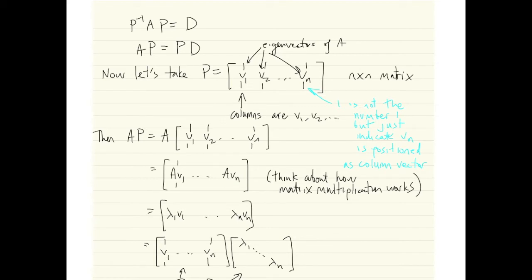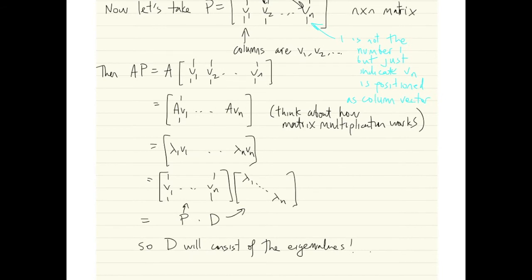And then because the Vi's are eigenvectors, that means A times V1 is lambda 1 times V1, and A times Vn is lambda n times Vn, and so on. And then, if you think about how the matrix multiplication works again, this matrix here turns out to equal these column vectors V1 through Vn put together as a matrix, times a diagonal matrix with lambda 1, lambda 2, up to lambda n along the diagonal.